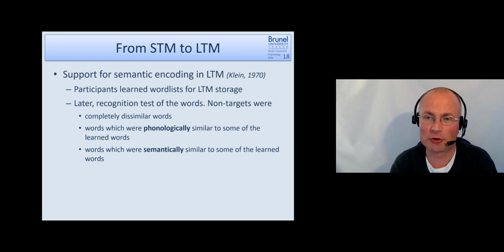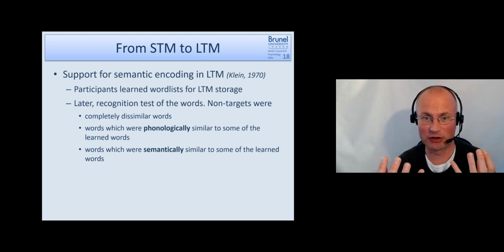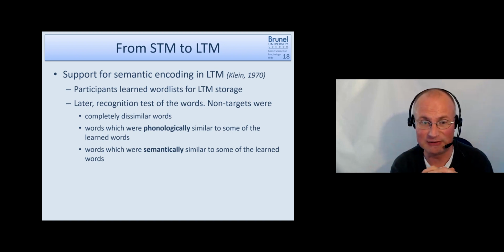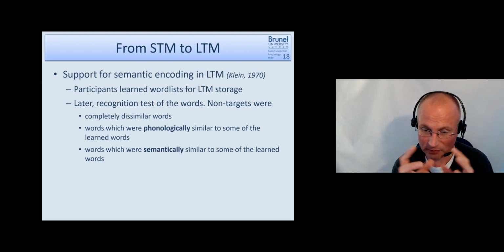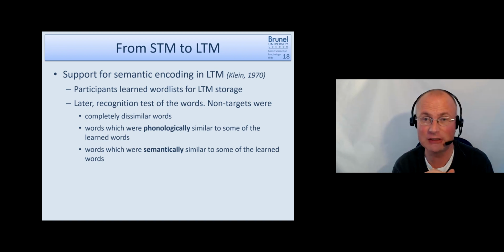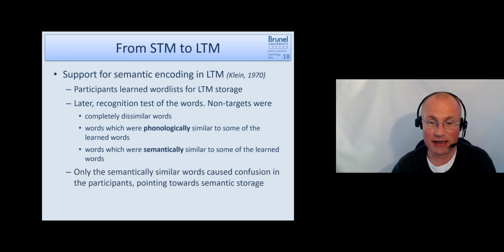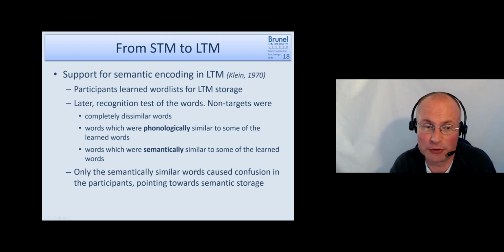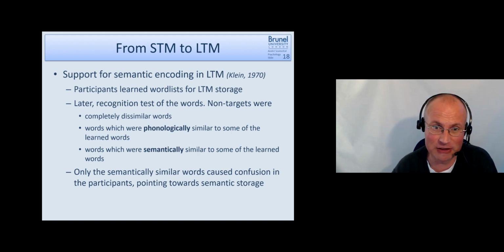If long-term memory works on the semantic level, these semantically similar words should provoke such wrong positive identifications, even if these words are phonologically completely different. And indeed, only the semantically similar words caused confusion in the participants. So again, this points towards a semantic storage of information in long-term memory.